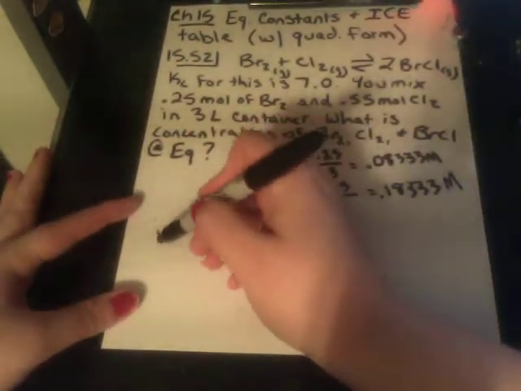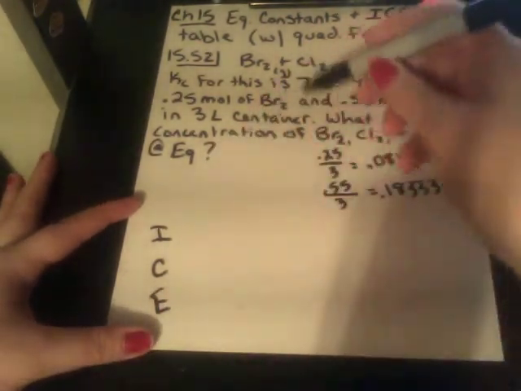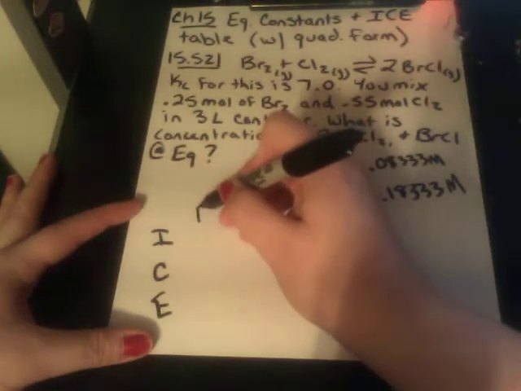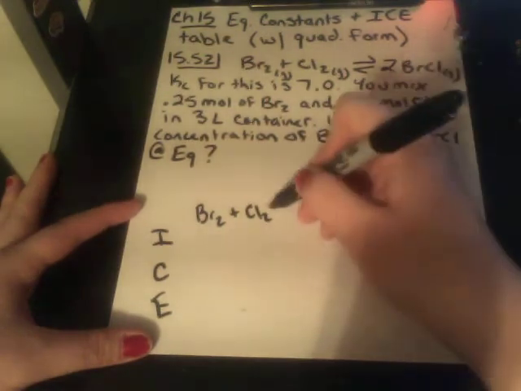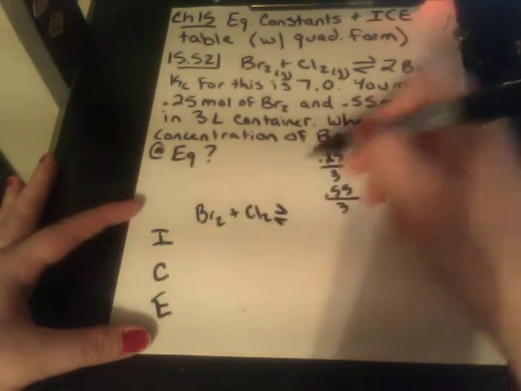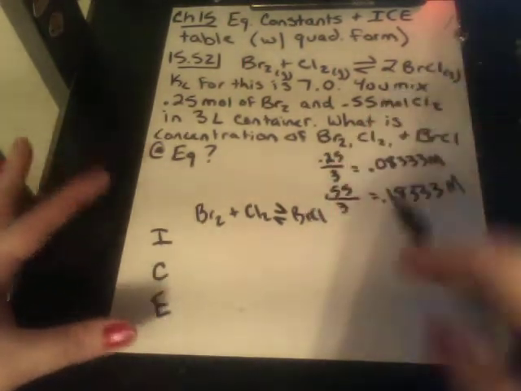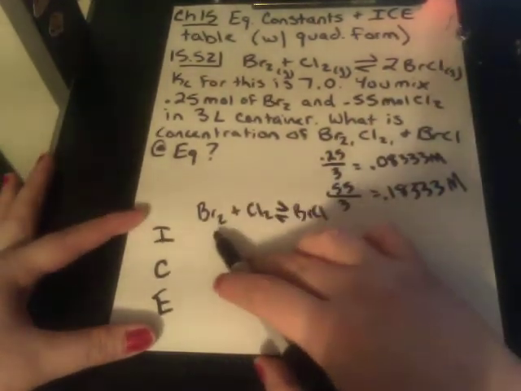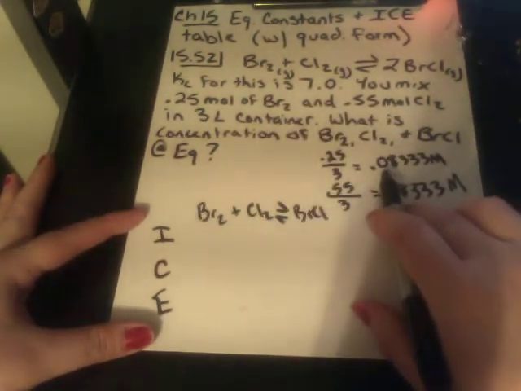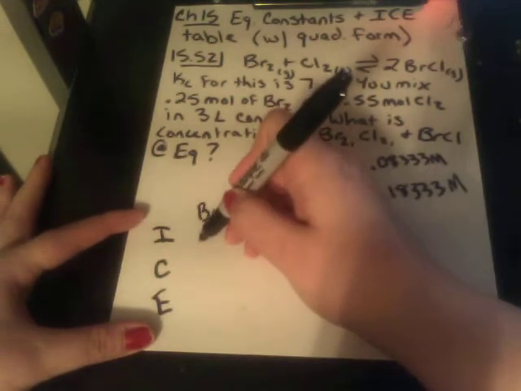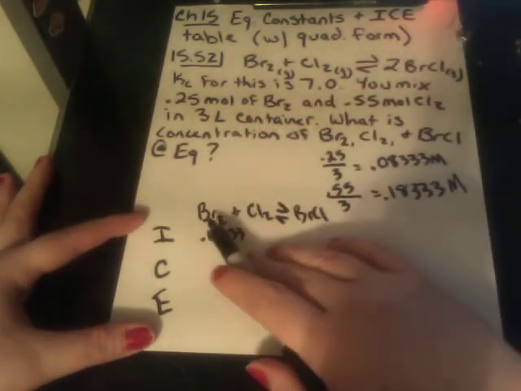So remember, on the left you go initial, change, and equilibrium, and I like to write the reaction at the top. So Br2 is being added to Cl2, and it's making an equilibrium with BrCl, sorry, my bad, BrCl. So initial concentration, as far as the problem goes, we initially add 0.0833 of Br2.